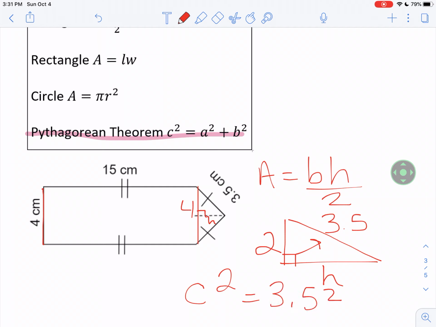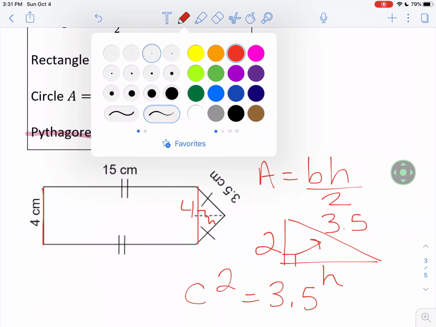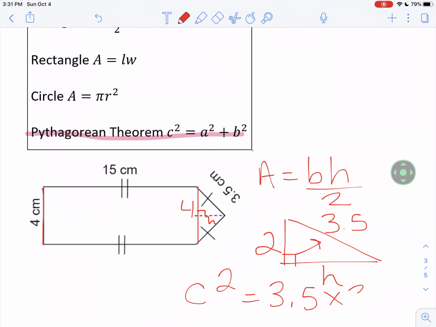Let's write that number over here. Remember, that's like finding the area of this big square over here, 3.5 times 3.5. So let's find out what 3.5 squared is first. So this is the length c here, c squared.